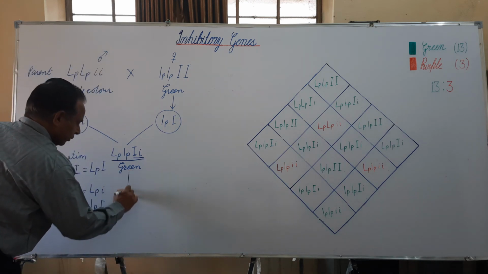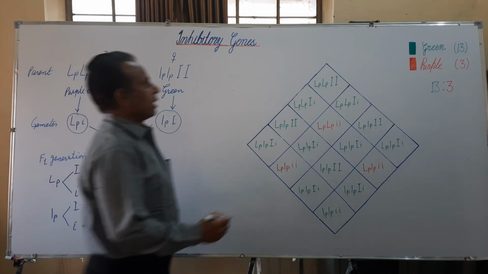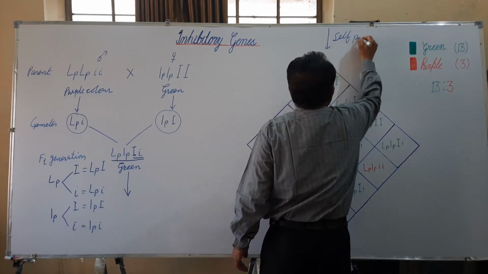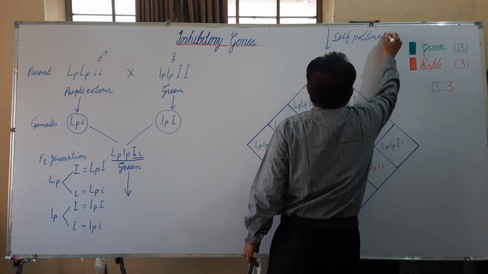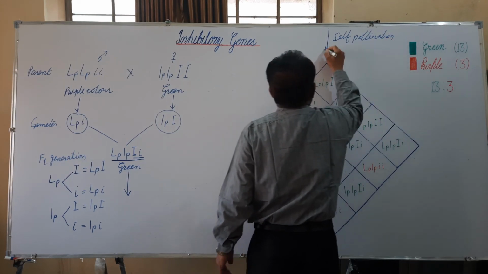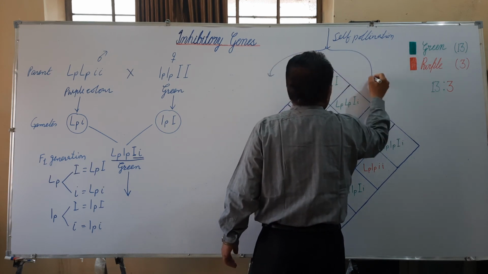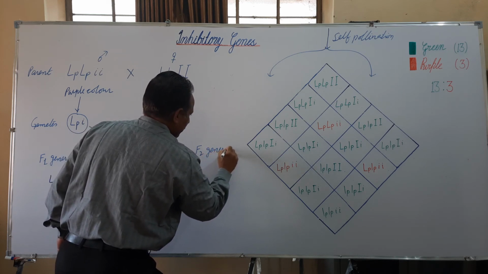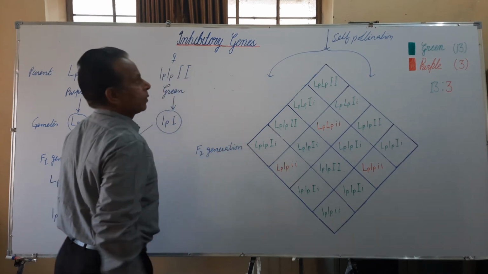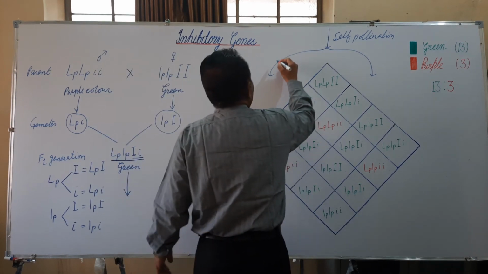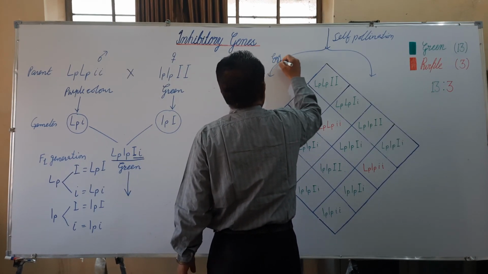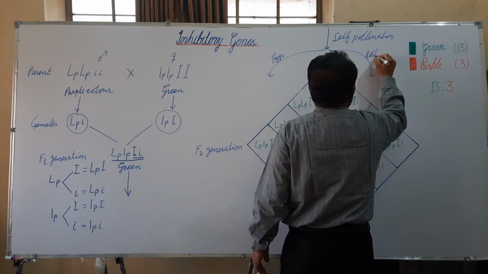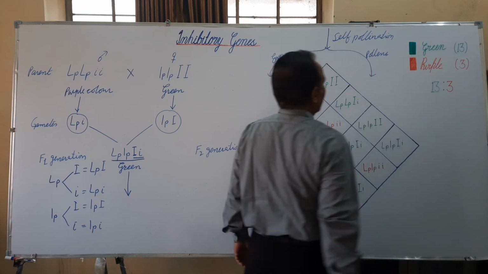When the plants of F1 generation are self-pollinated to produce the F2 generation, they produce the 4 types of the eggs or female gamete and 4 types of the pollen genotypically or male gamete.